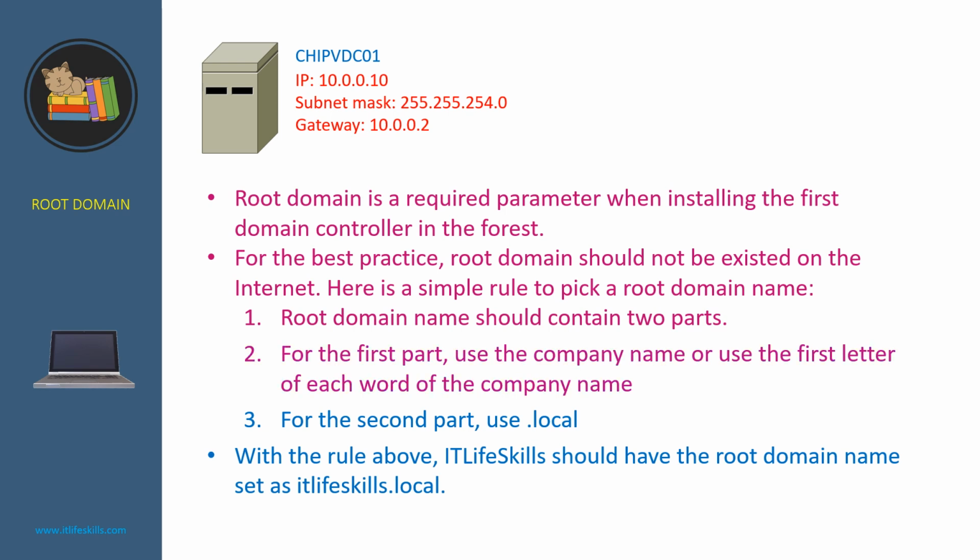For the first part, use the company name or the first letter of each word of the company name. For the second part, use .local. With the rule above, Active Life Skills should have the root domain name set as activelifeskills.local.